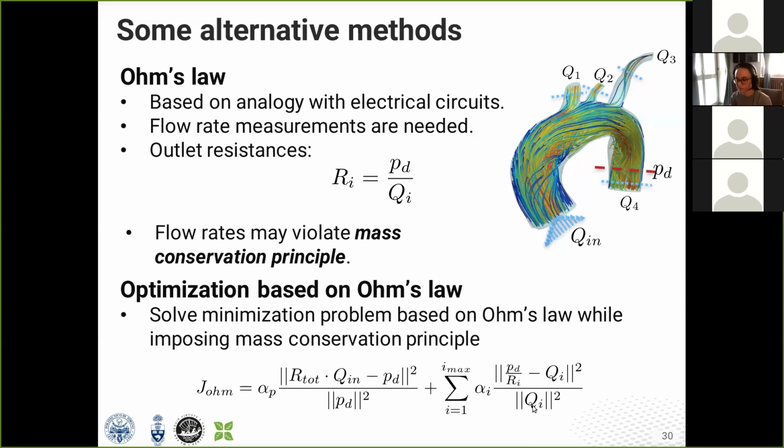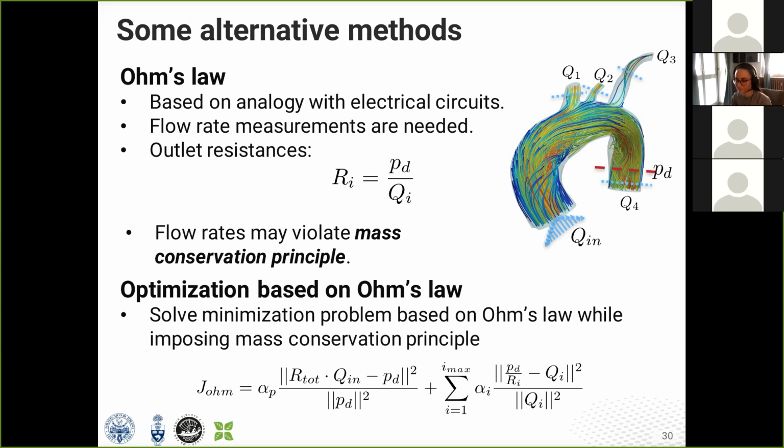Okay, so to solve this optimization problem, you just need, per patient, one 4D MRI scan. Exactly, yeah. And from this you can separate the flow rates, and this is really easy to optimize. We did it with fminsearch in MATLAB, so it's inexpensive.